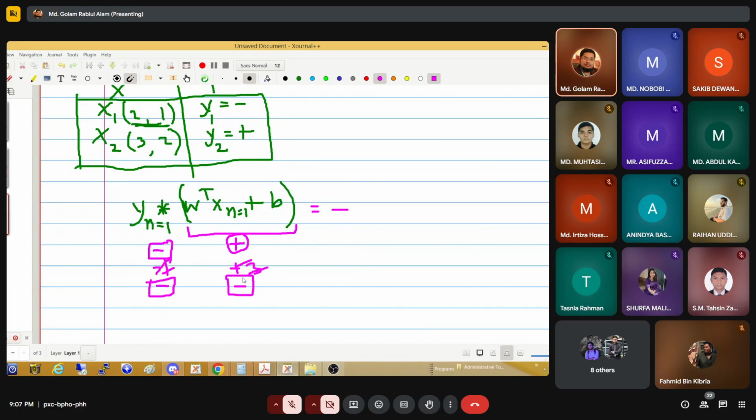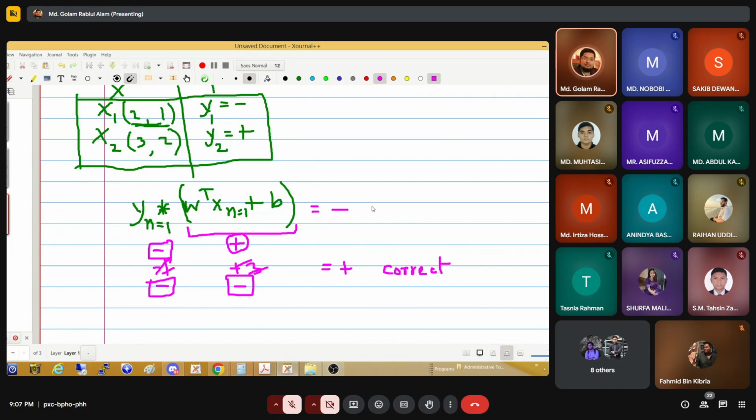in that case, minus minus, we will get the positive value. So that means the prediction and our original value are the same. So this is correct.